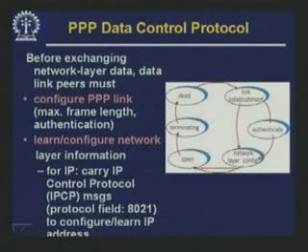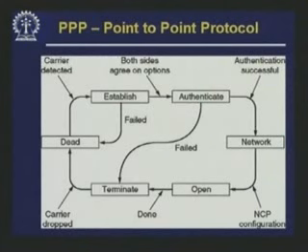But there are a few control issues. Before exchanging network layer data, data link peers must configure the PPP link: maximum frame length, authentication, etc. I think this is a better diagram, so we can look at this. First the link may be dead, then the carrier is detected. So, it will try to establish the link.